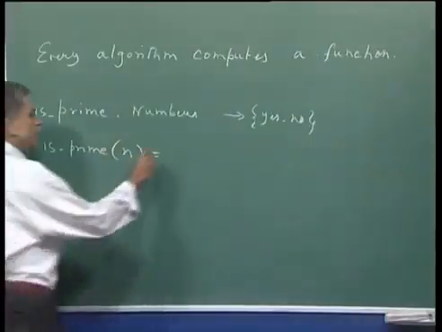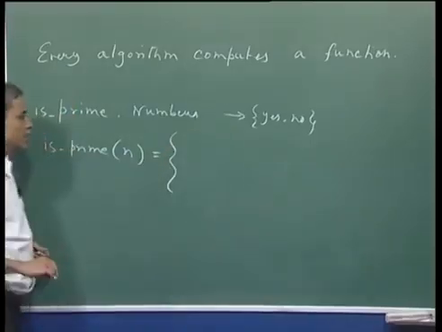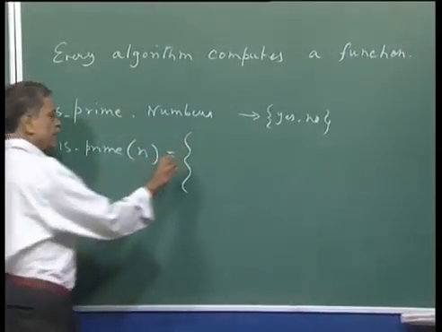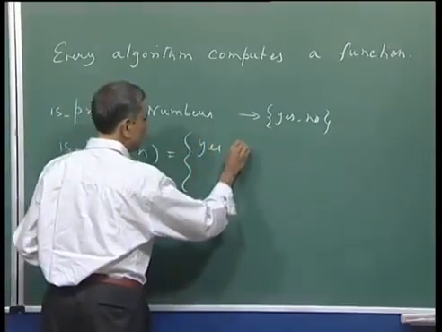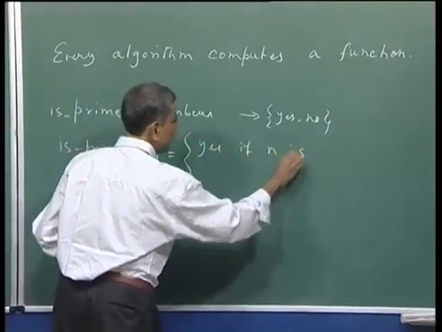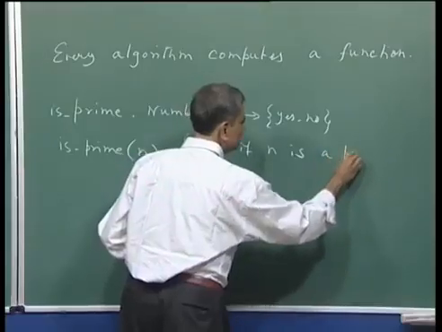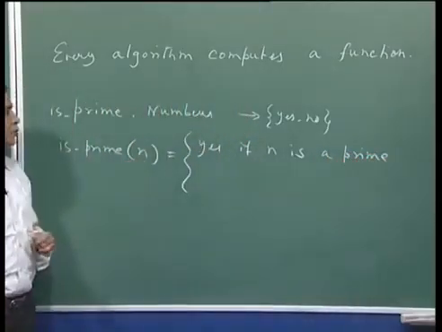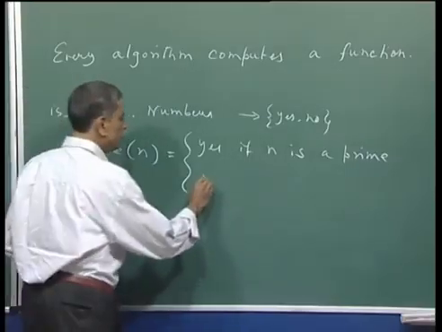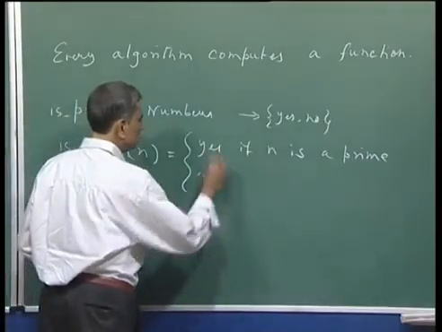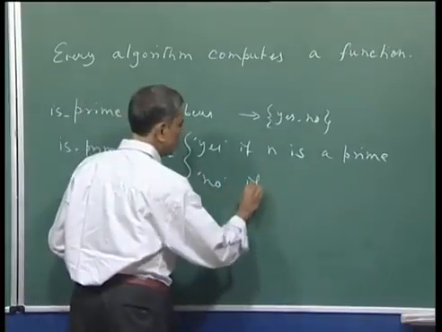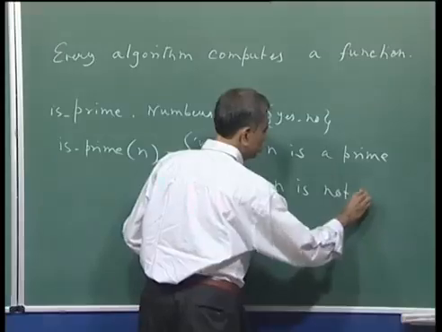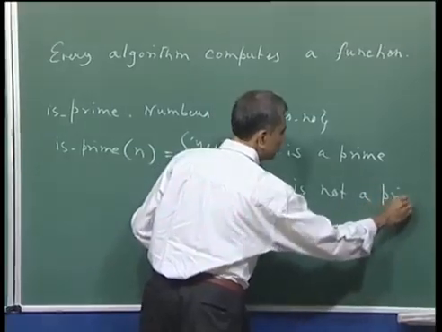And now, let me define when I want the answer to be yes and when I want the answer to be no. So, let us say it should be yes if the number n you have given as argument is a prime, and it should be no if n is not a prime, right.